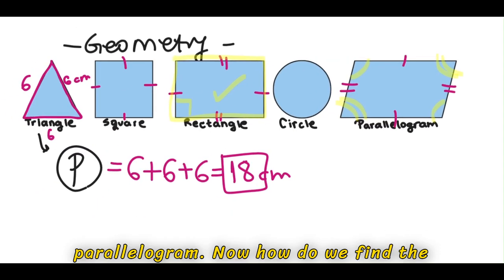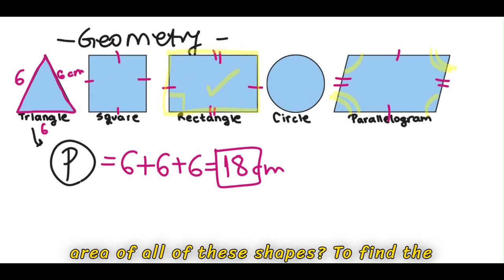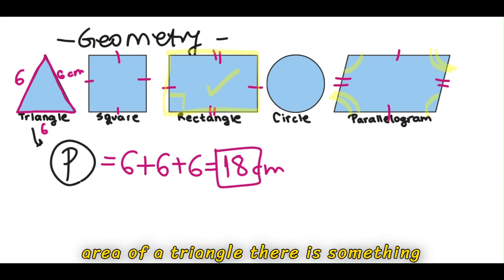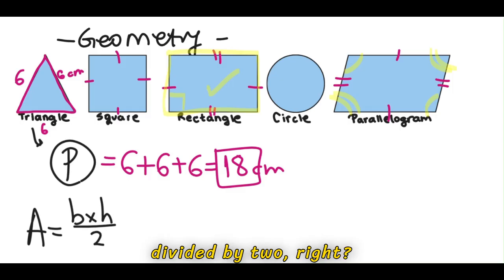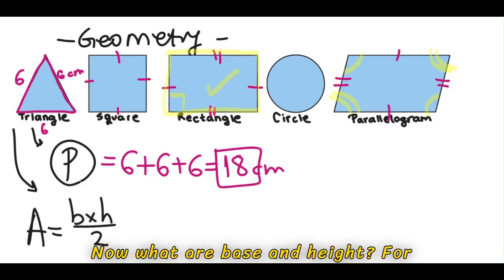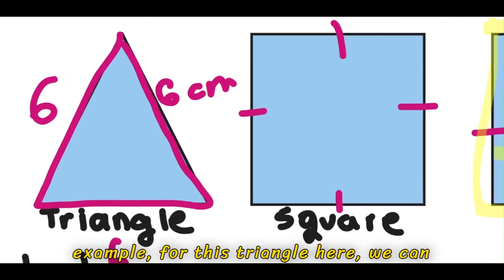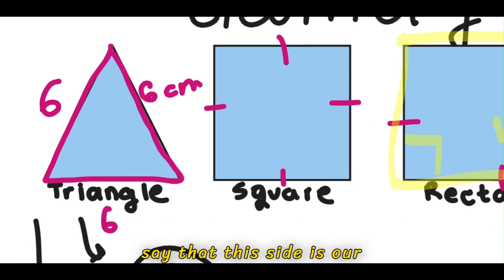Now, how do we find the area of all of these shapes? To find the area of a triangle, it's base times height divided by 2. Now, what are base and height? For example, for this triangle here, we can say that this side is our base.